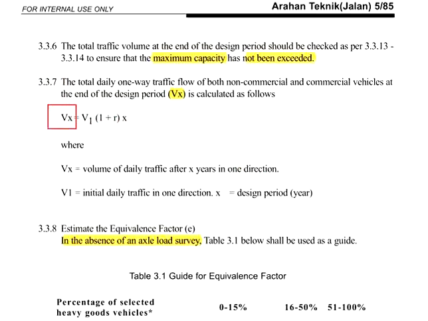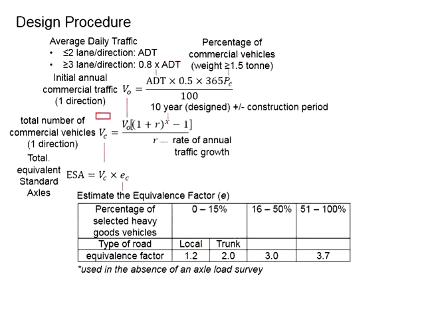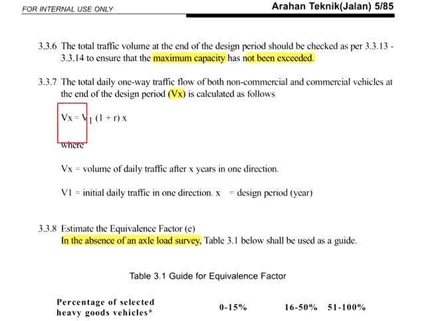Now, this Vx here is different from the Vc that we calculated previously. The equations differ slightly. Vc refers to the commercial vehicles only, whereas Vx refers to both non-commercial and commercial vehicles.